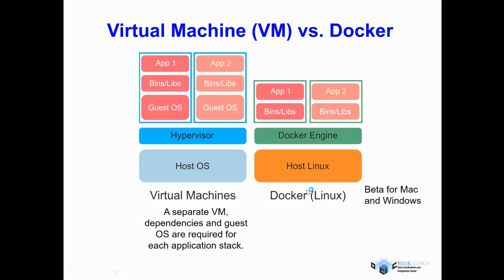With Docker, we can share most of the operating system. The kernel is shared among the different containers, so that makes these containers much lighter. They're much smaller. For example, some of our Docker containers are just a few megabytes, as opposed to hundreds of megabytes for a full virtual machine.